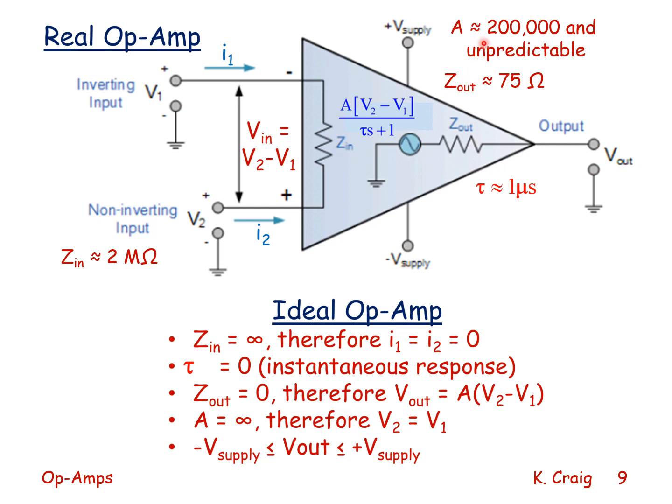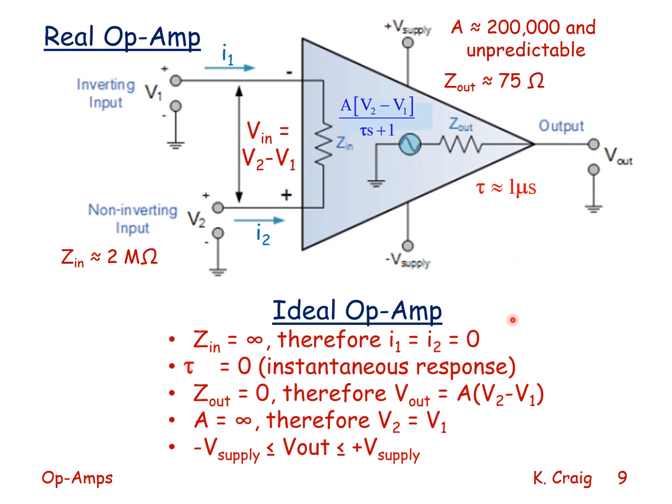A is about 200,000 and very unpredictable. Tau is about 1 microsecond, very fast, but not infinitely fast. And Zout is about 75 ohms. This is a real op amp.